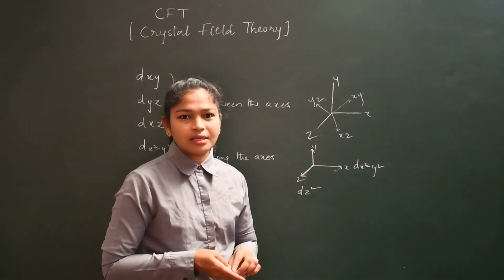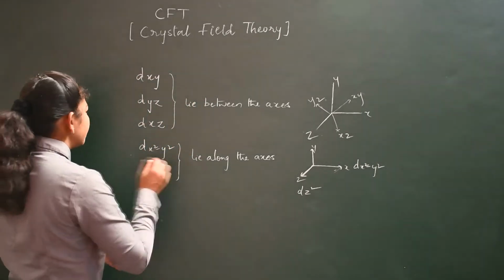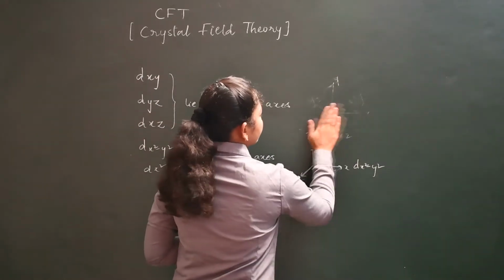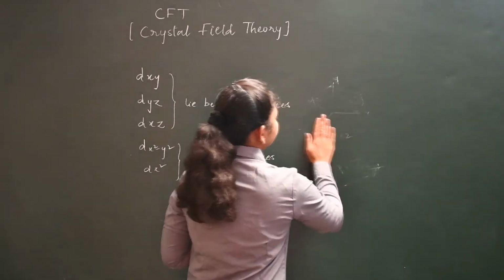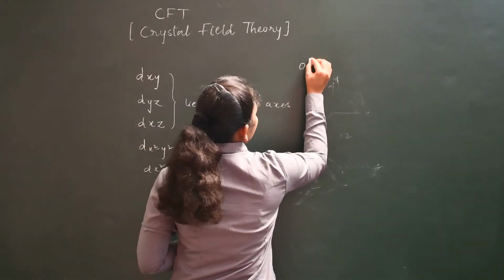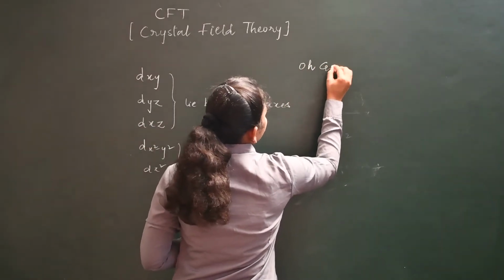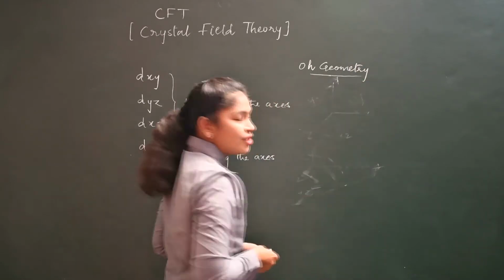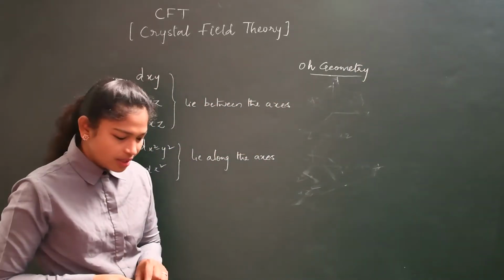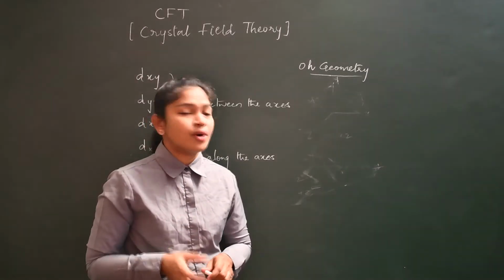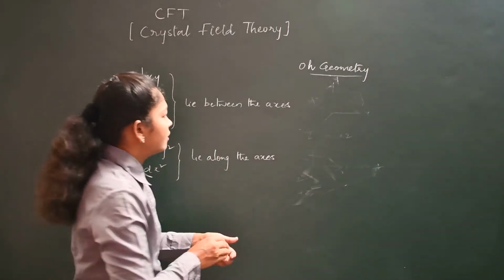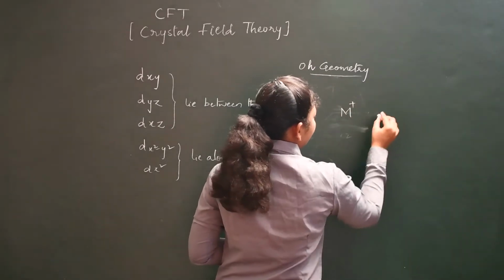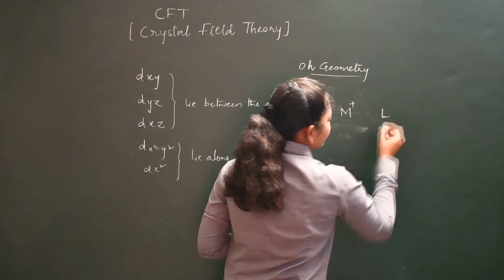So in octahedral geometry, what happens here? First you will see that the metal ion will be there, and then the ligands.